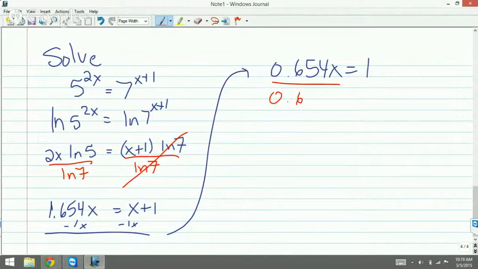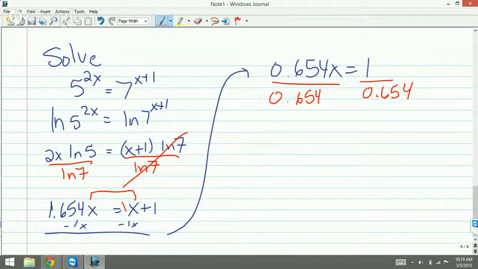Wait a minute, why is there still an x there? Because I thought we got rid of it. No. Let's not forget our algebra 1 skills. These x's, you have to combine them. Combine like terms, right? So there's 1x here. I'm going to subtract it across to the left to combine them.